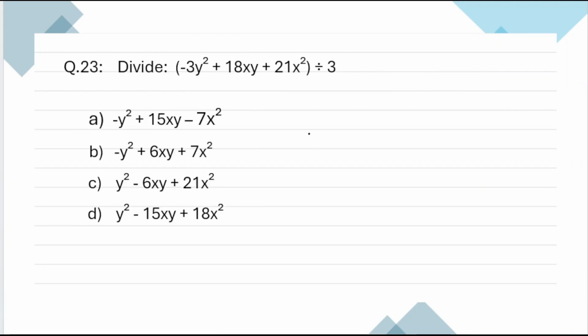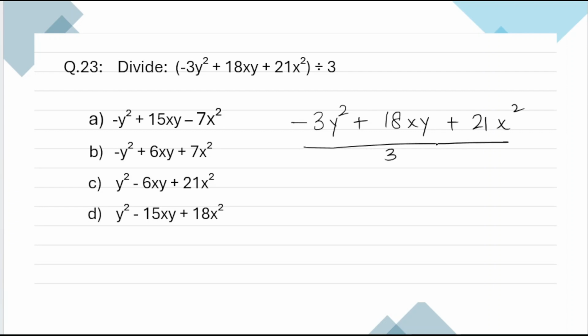Divide negative 3y square plus 18xy plus 21x square by 3. It's a division of a polynomial with a constant term. So what is the process? What is the method? Separate all the terms of the polynomial and divide each of the terms separately by 3. So let's write it.